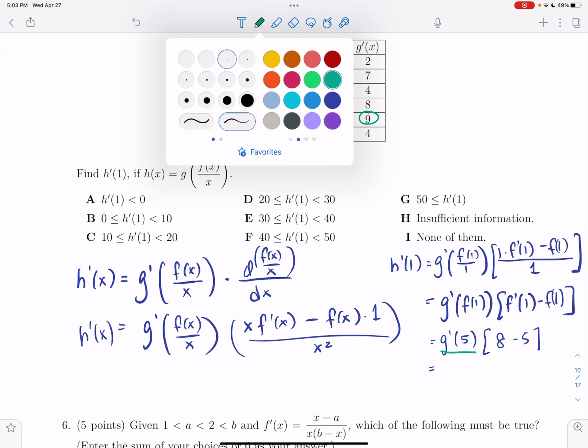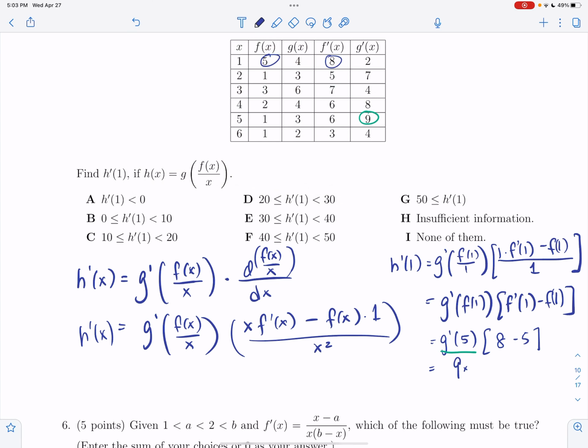And that is 9. So 9 times 3, which is 27. All right? So you have that h prime of 1 is between 20 and 30.